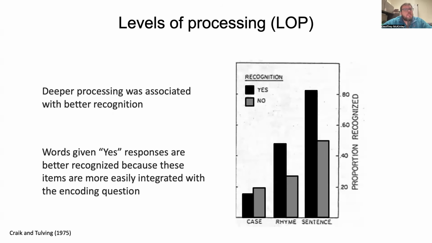And they found, not surprisingly, so first off, you can ignore the difference between yes and no in this graph. Just know that if you process something more deeply, that was associated with better recognition. And I always tell students that most students are just going to read their notes and that's it for a test. And that's not a good way to do it. It's not passive.